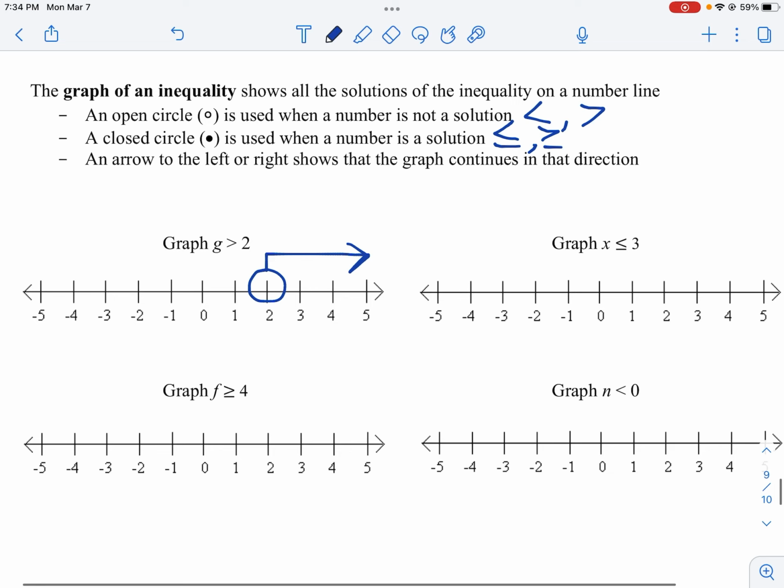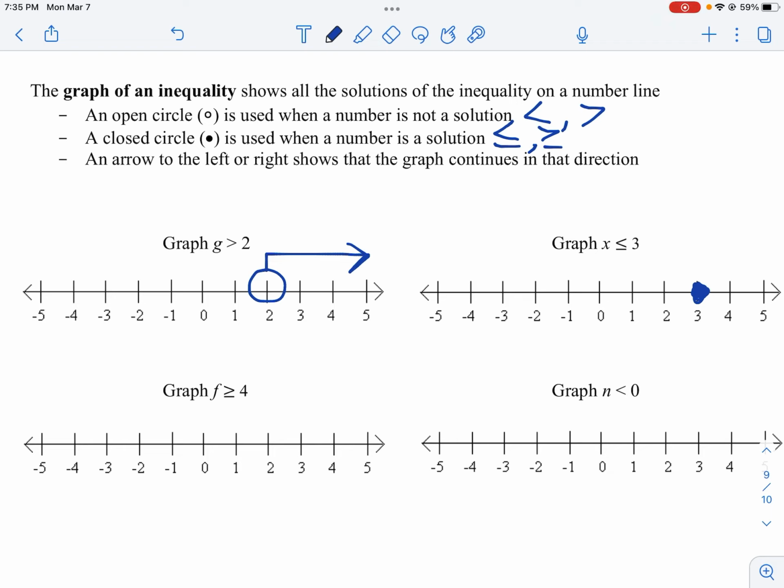Next, we have x is less than or equal to 3. This one is going to be a closed circle because it has the line underneath. It has the equal to line. Okay, so I'm going to put that on 3, and I'm going to mark a closed circle like that. Okay, when it is closed like that, that means that the number it's on is a solution.